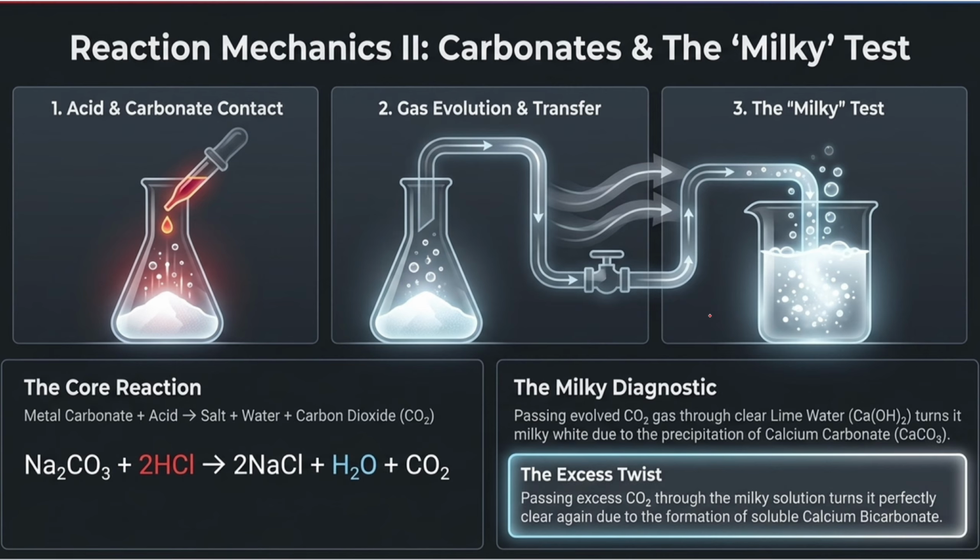Now, this we already know, Ca(OH)2 when it reacts with CO2 gives calcium carbonate. But the main important part is this one, the excess twist. The moment you pass CO2 through this calcium hydroxide, it converts to calcium carbonate.